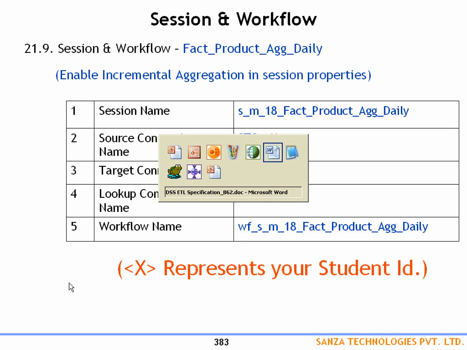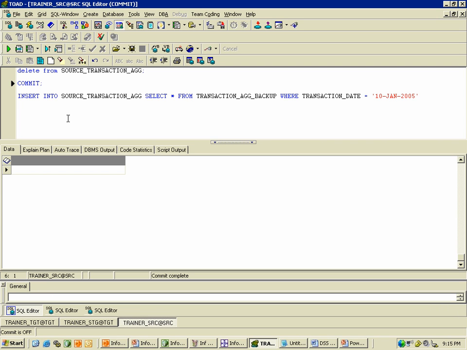The source, staging, source transaction AGG: delete the data. Then the first time you load it, insert the data of 10th January in your staging, using select distinct transaction date from source transaction AGG.